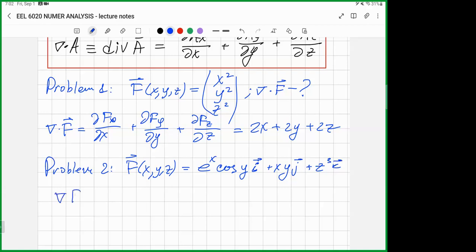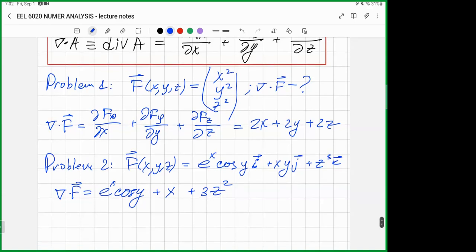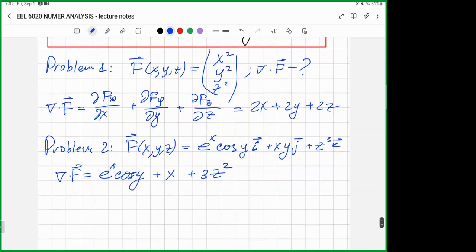Again, the divergence of this field: the first term by x gives us e to the x cosine y. The second coordinate by y gives us x. And the third component by z gives 3z squared. This is the answer.